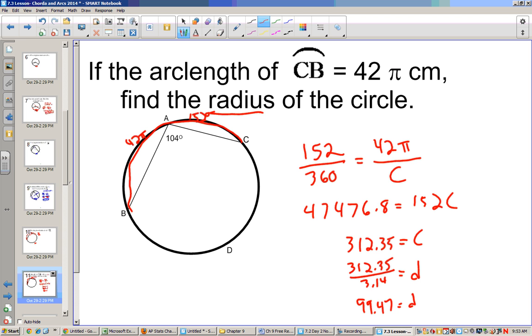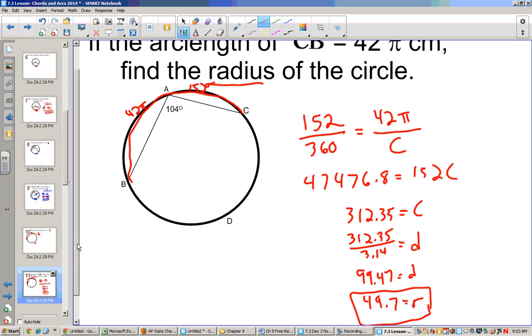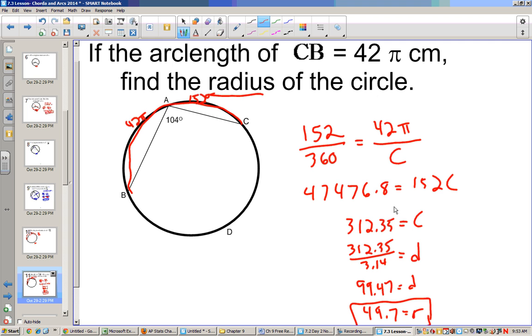Now if I take that and divide it in half, that would be 49.7, that would be my radius. So now, given an arc length, I was able to go all the way and find a radius.